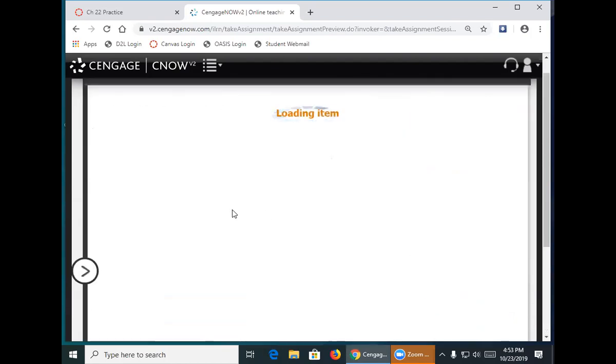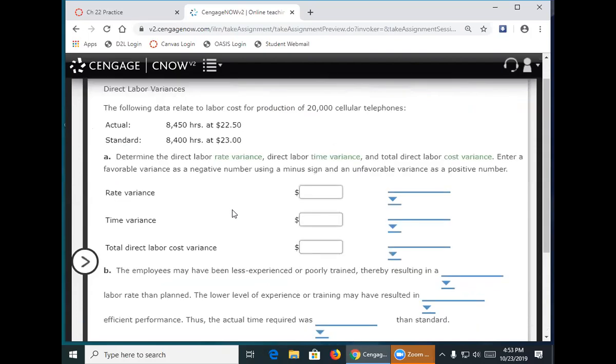So the next one, as you can probably imagine, deals with labor. Okay. So we're going to look at direct labor variances. Kind of the same idea in that we're going to have the hours that we used, and then we're going to have the rate that we pay employees. So with labor, we have a rate variance.